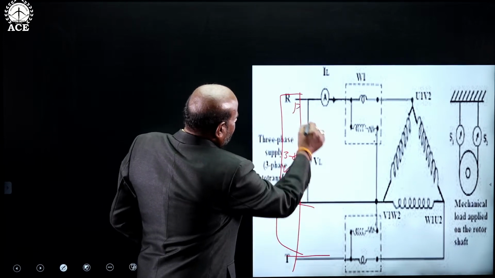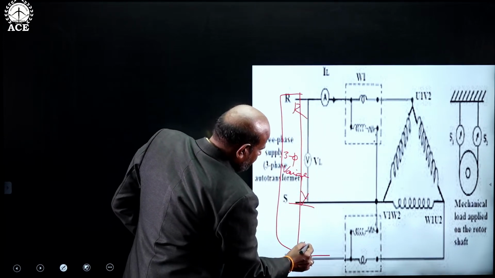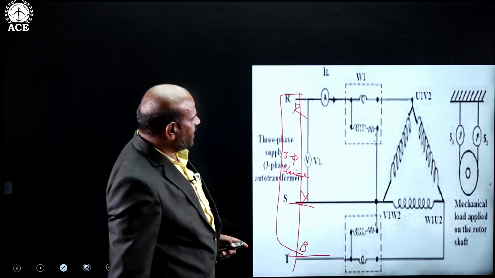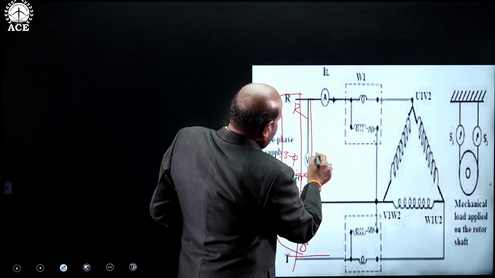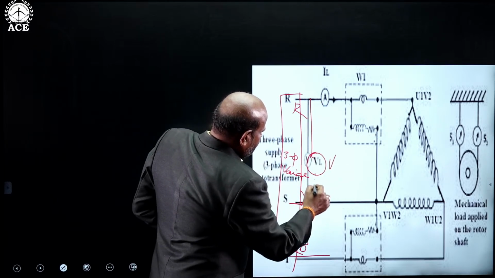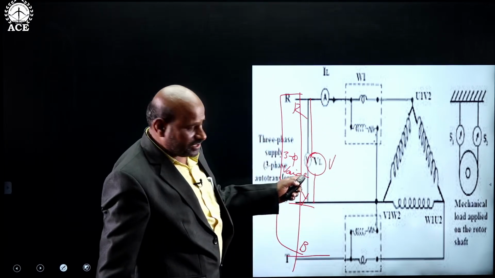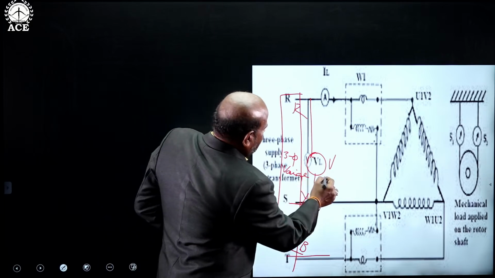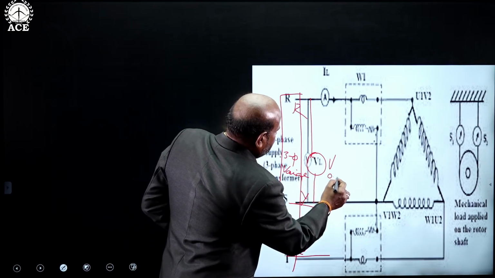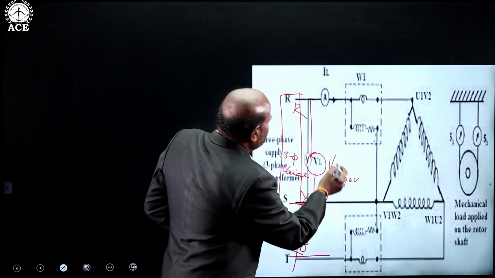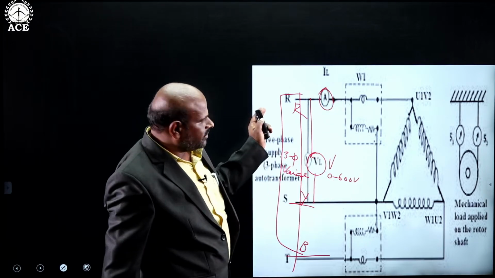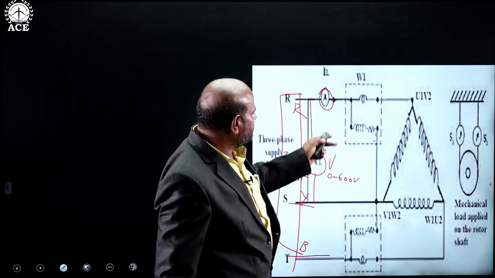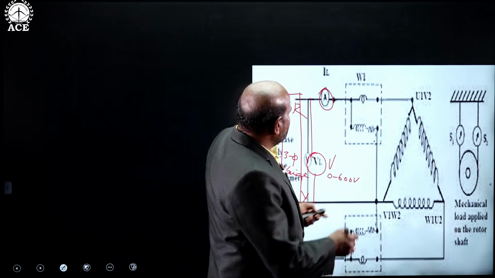While performing the brake test, to note down the voltage we connect one voltmeter, 0 to 600 volts, and one ammeter to measure the current flowing in the stator.